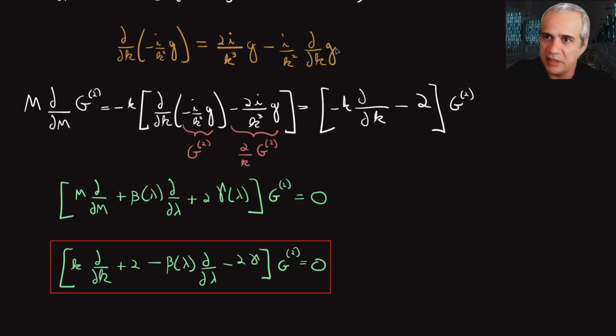This very trivial thing we just did, which depends only on the fact that these depend on the ratios between the physical momentum and this unphysical renormalization scale, allowed us to rewrite the Callan-Symanzik equation in terms of the external momentum.